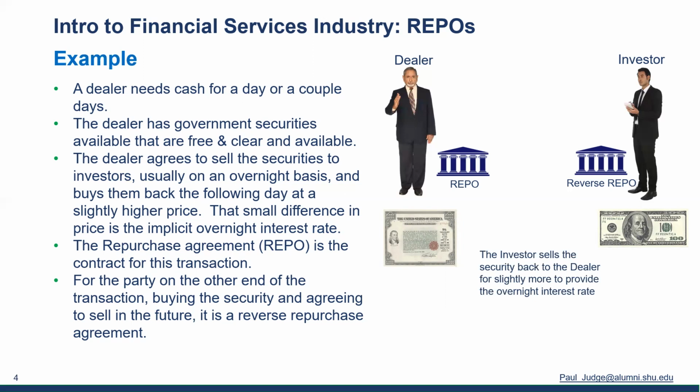Then the dealer sold the investor the security to hold as collateral. And the next day he sold it back. So in the end, the investor has the cash and the dealer is back to holding his security, which he can then use for other transactions.